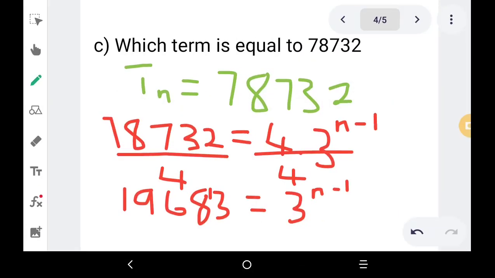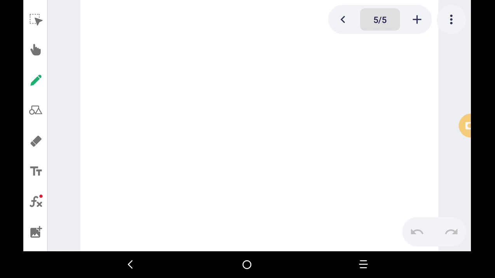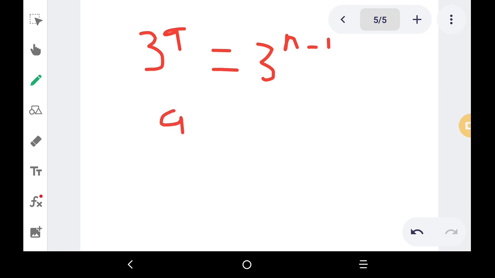Let's go to the next page. Then we have 3 to the power of 9, which is equivalent to 3^(n-1). Since the bases are the same, we drop the bases and equate the exponents. It says 9 should be equivalent to n minus 1.